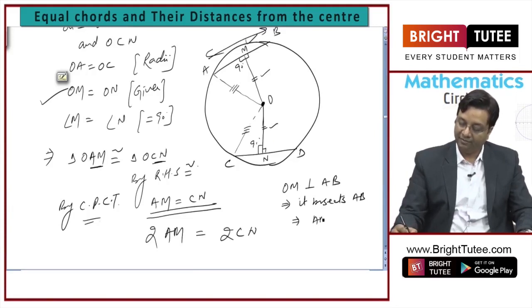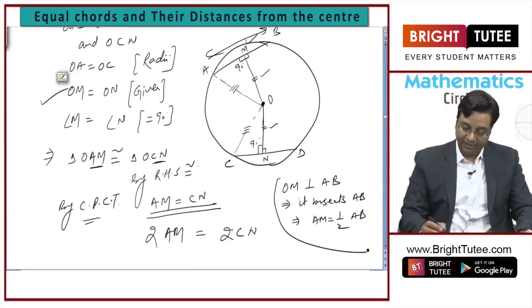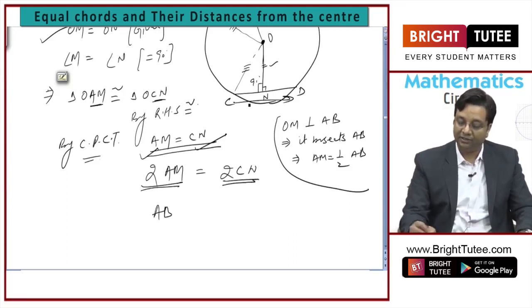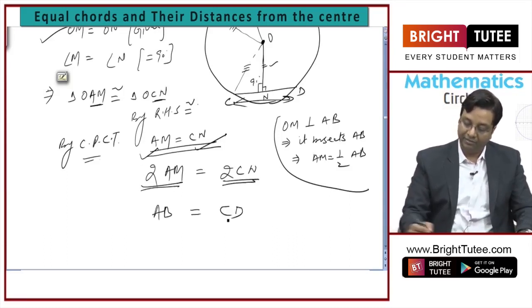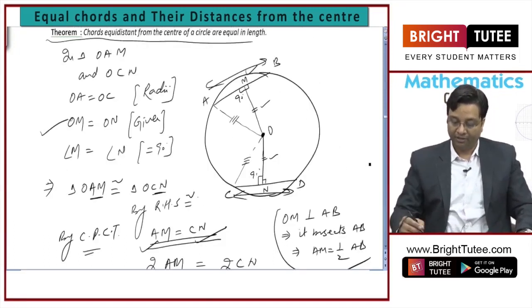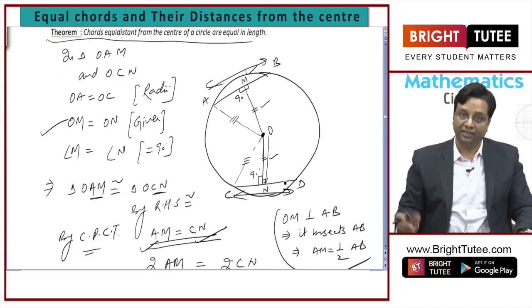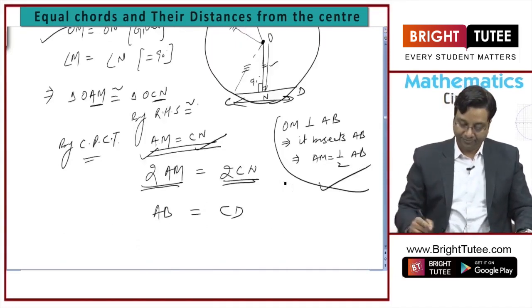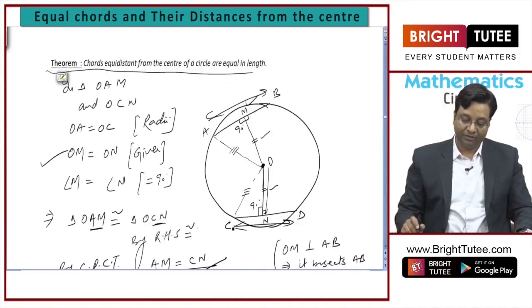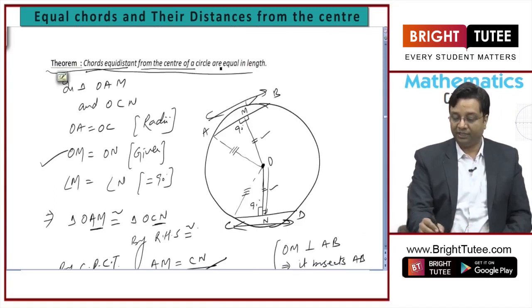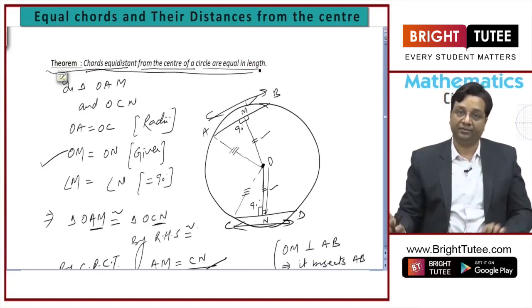Hence I can say AM is half of AB, right? So if AM is equal to CN, then double of AM, that is AB, will be equal to double of CN, that is chord CD, because of the same reason. Because ON is perpendicular to chord CD, hence it bisects chord CD. CN is half of CD. So AB is equal to CD. Hence this theorem is proved that chords equidistant from the center of a circle are equal in length. Okay.